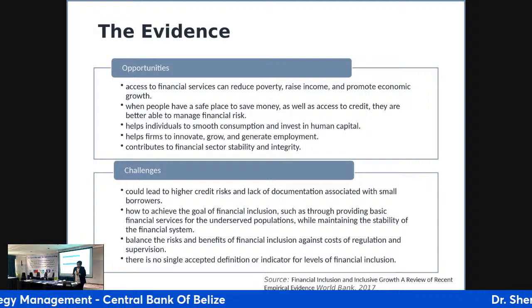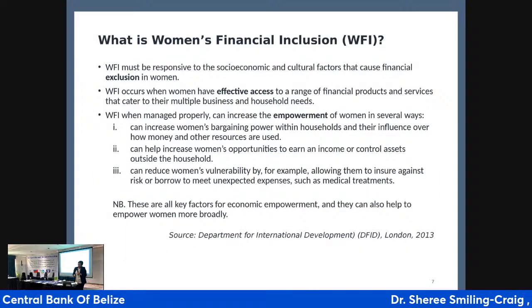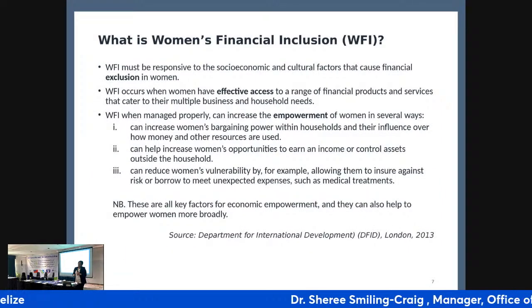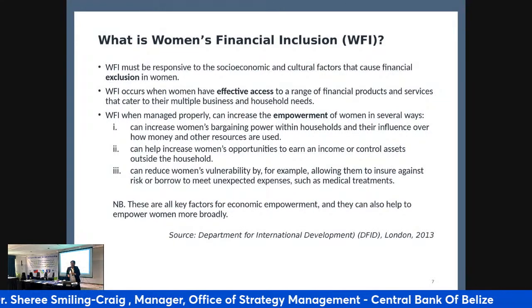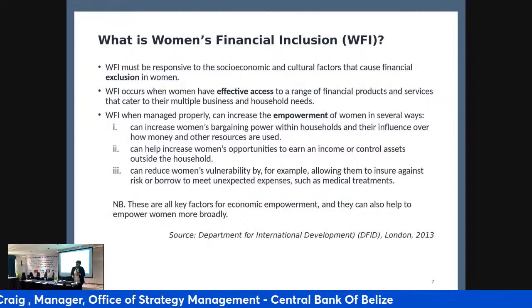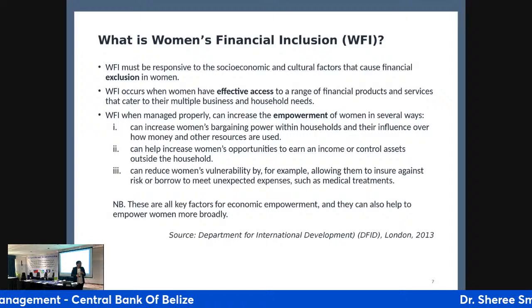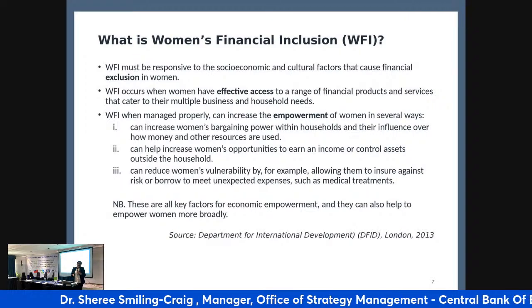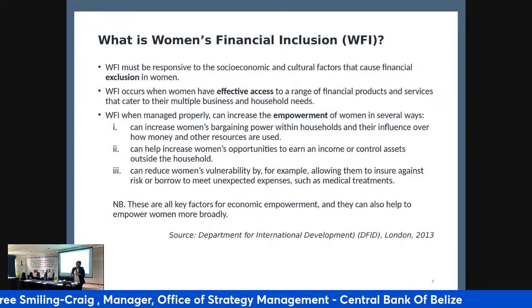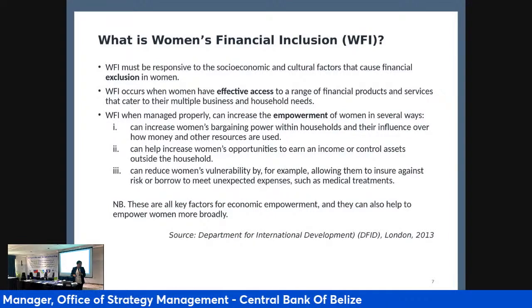All right, so today we're supposed to be speaking about women's financial inclusion. And women's financial inclusion must be responsive to socioeconomic and cultural factors. In Belize, unlike a lot of Latin America and the Caribbean, women tend to lead quite a bit when it comes to understanding what they want.